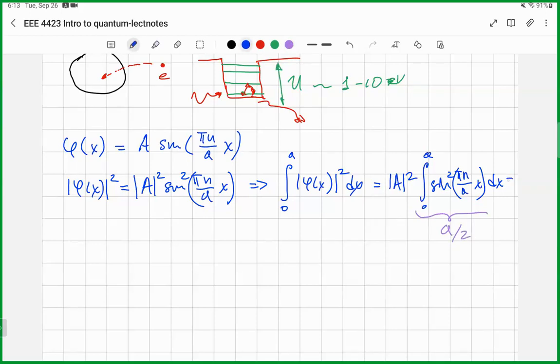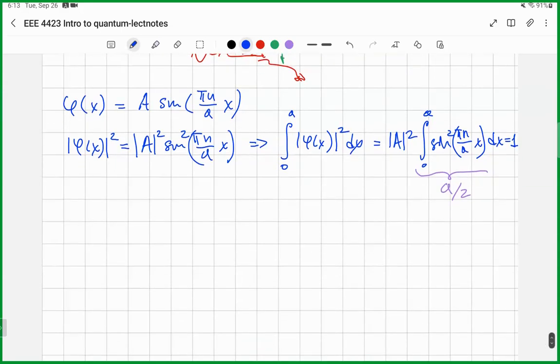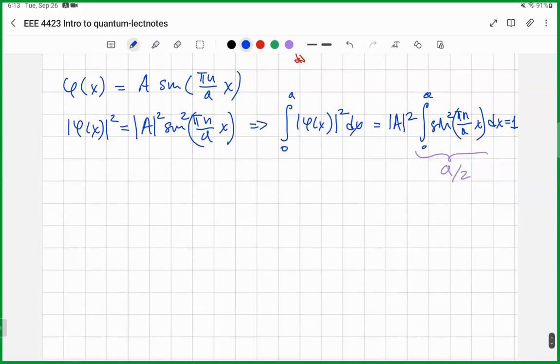And by normalization, we require this integral to be equal to 1. So we can use this quantity as a probability to describe our system. Okay, so we conclude that modulus squared of capital A times small a over 2 is equal to 1, and hence A is equal to the square root of 2 over a.